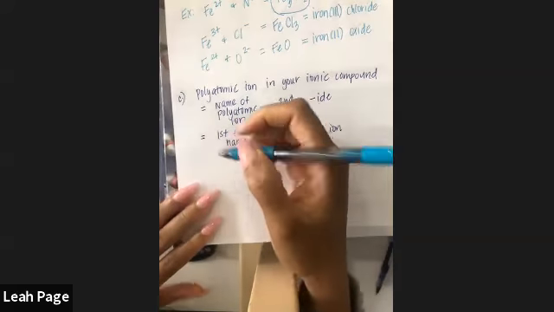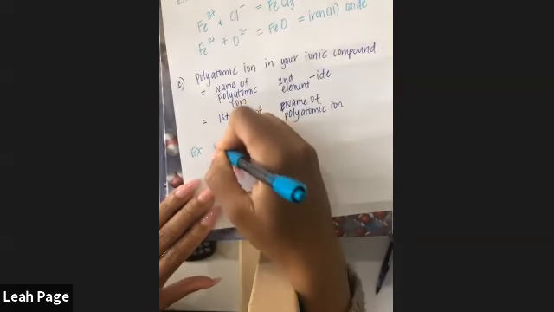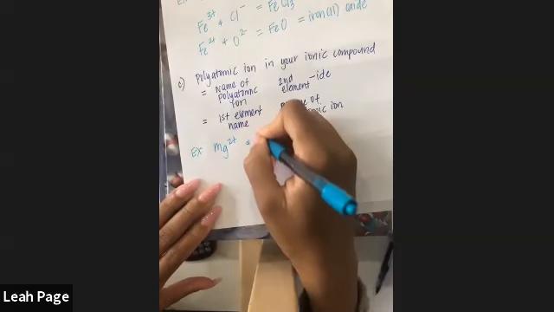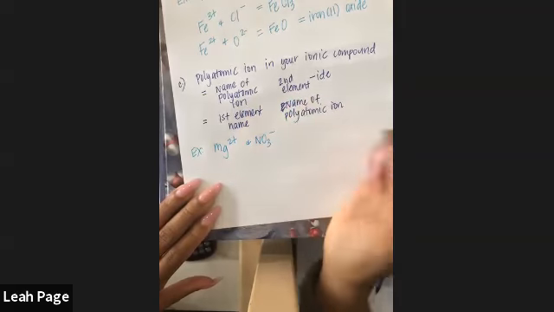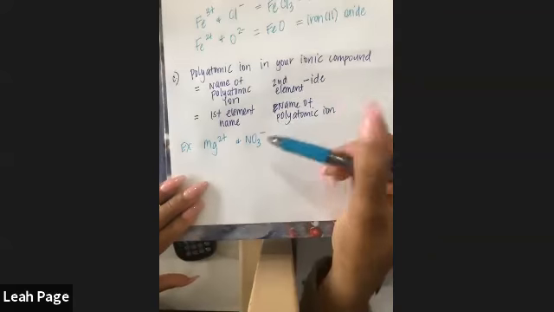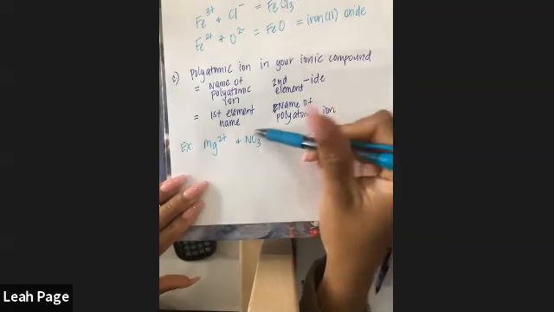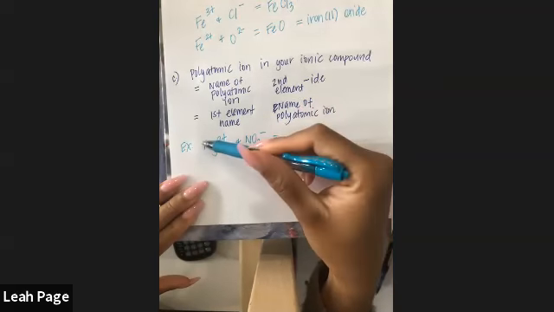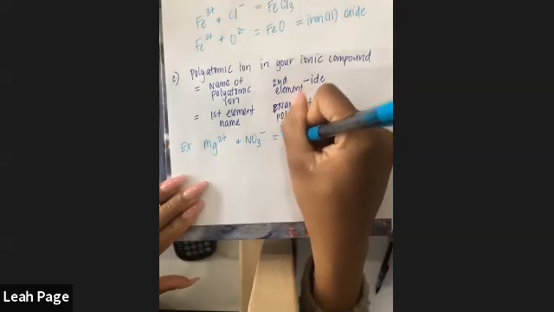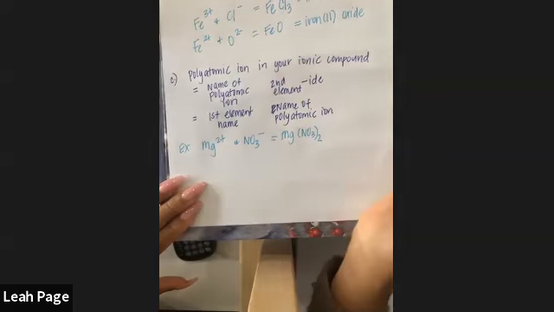If I have magnesium ions that are going to be mixed with nitrate ions, when I go to write the formula, once again, I'm just going to switch the charges, or recognize that I need 2 nitrate ions for every 1 magnesium. So it's going to say Mg(NO3)2 like this.